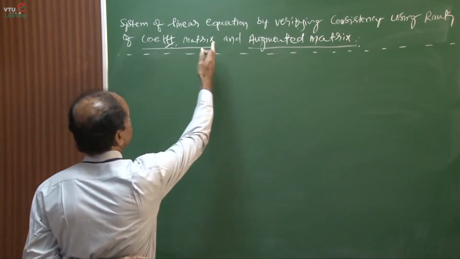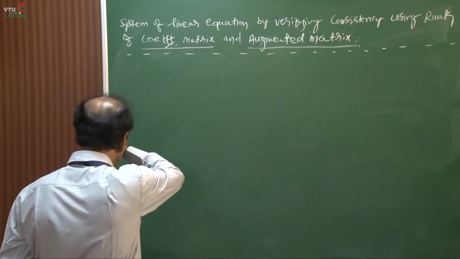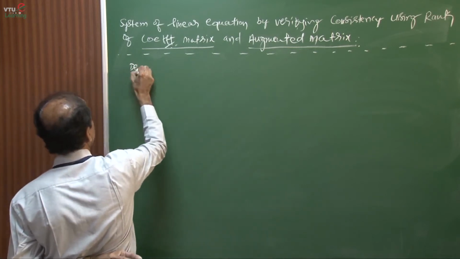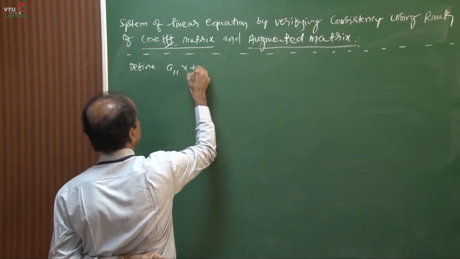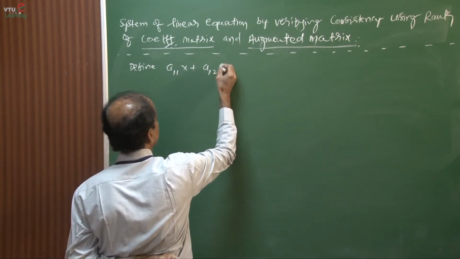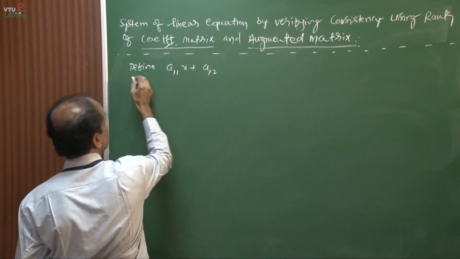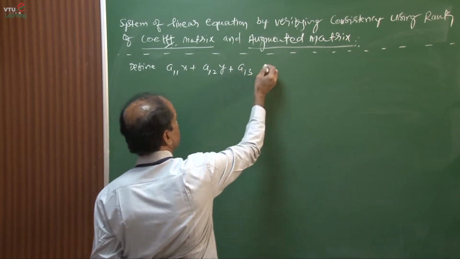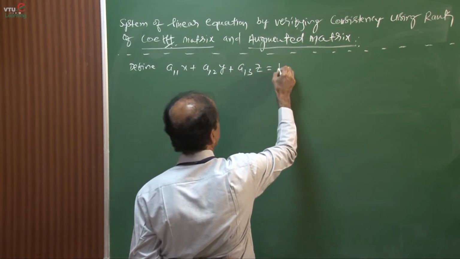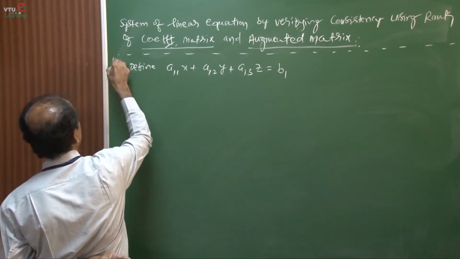Now, system of linear equations. For example, I am taking three equations with three unknowns, x, y, z. a11 x plus a12 y plus a13 z is equal to b1.